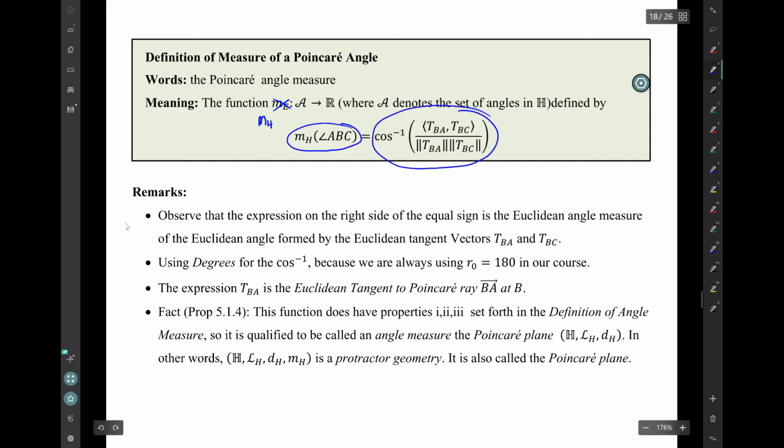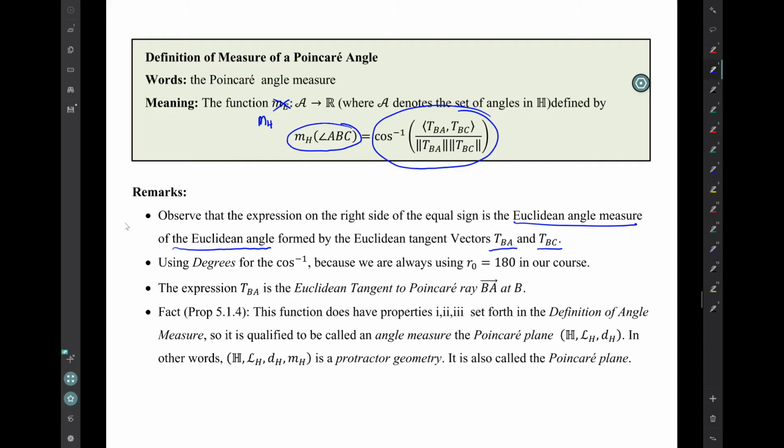So notice that that expression on the right is the Euclidean angle measure of the Euclidean angle formed by those vectors TBA and TBC. That's that pair of red and green vectors from that diagram up above.